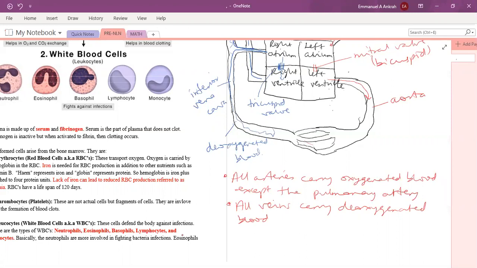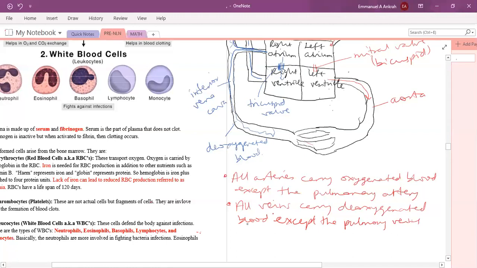Let's see. Okay, so all veins carry deoxygenated blood except the pulmonary veins. Okay, so these are exceptions to the rule.